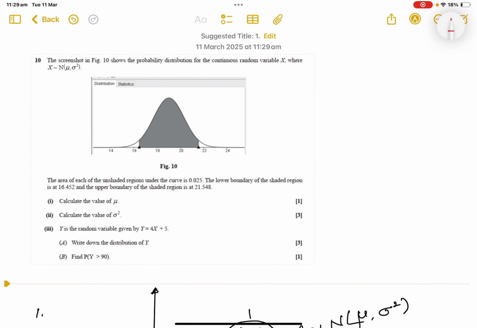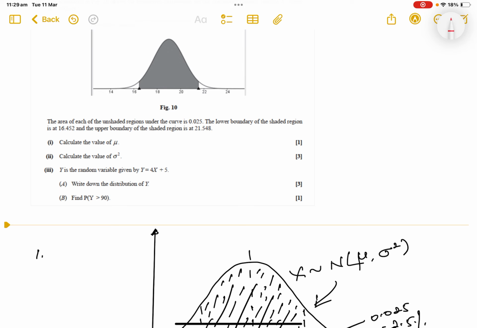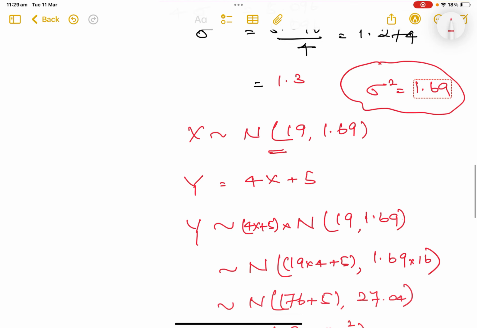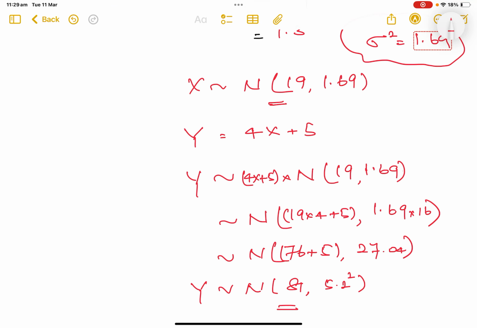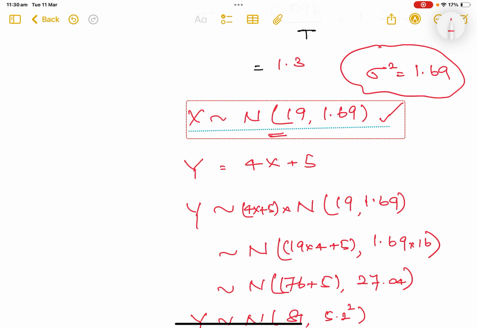The next question: Y is the random variable given by y equals 4x plus 5. It's a simple calculation to write down the distribution of Y. X is normally distributed as N(19, 1.69), and y equals 4x plus 5.